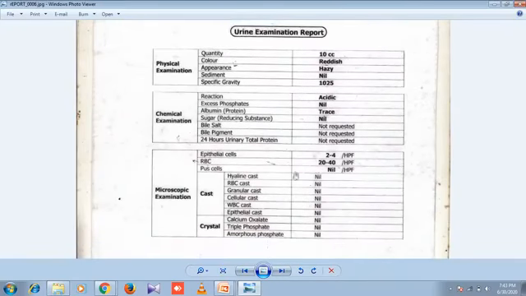Look, RBC count here 2240. So this may be a urine report of hematuria. This is your homework. You will go through the book and learn the evaluation of hematuria.